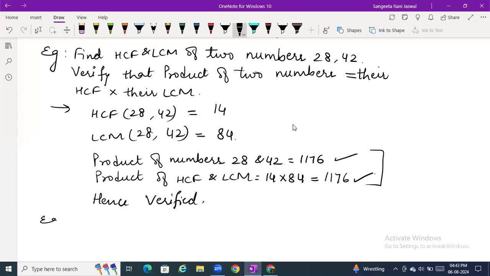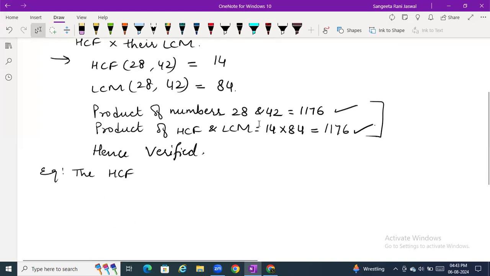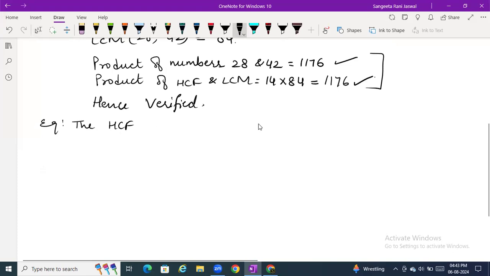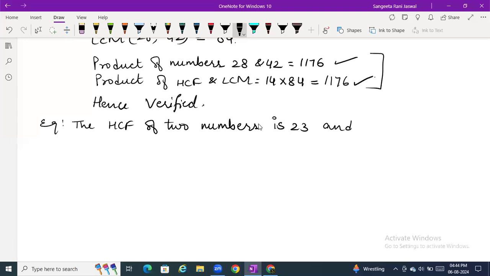Let's take another example of this same type. Please write down. The HCF of two numbers is 23 and their LCM is 1449.